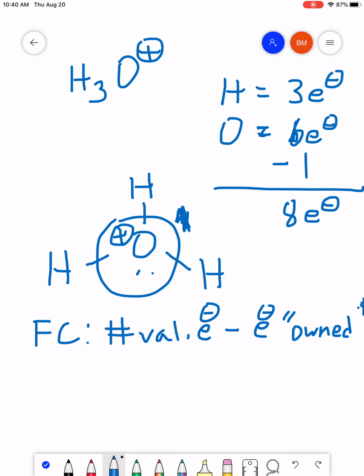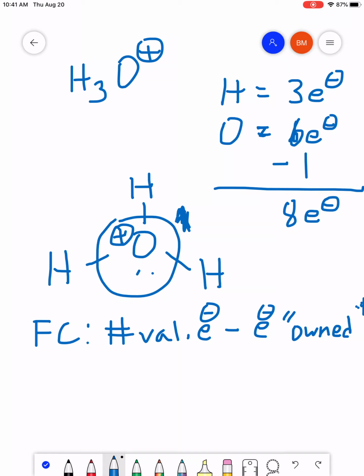Here's what we mean by owned. If an atom has an unshared pair of electrons, those 2 electrons are owned. Also, an atom owns 1/2 of all shared electrons.